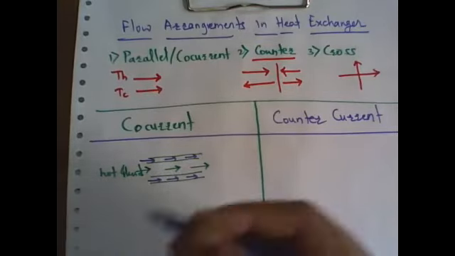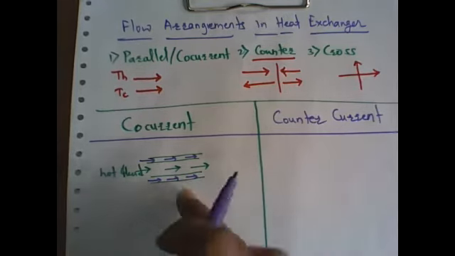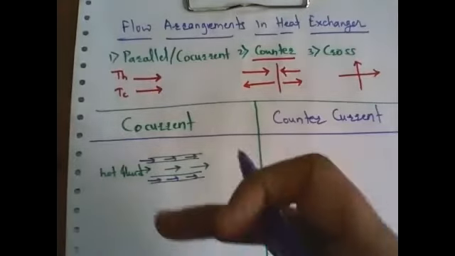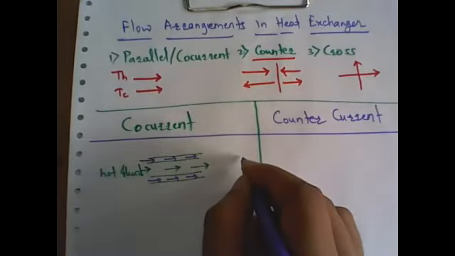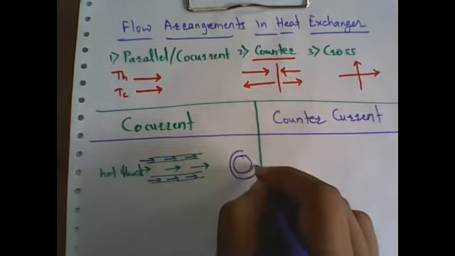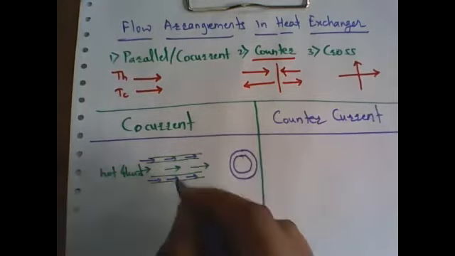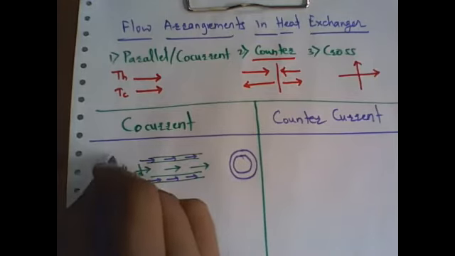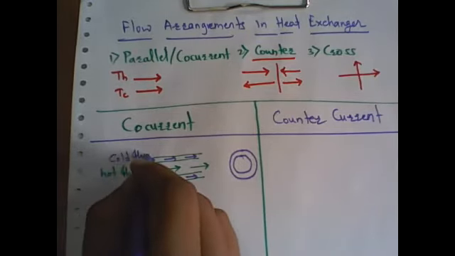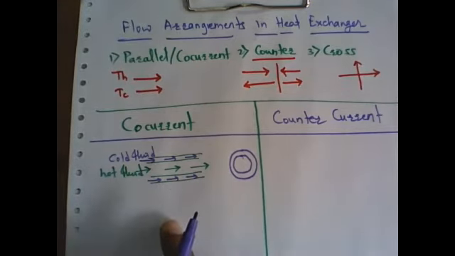Please consider that it is a cylindrical shape, and in two dimensions we can't draw it as a cylinder. If you want to imagine the exact cylinder, then you can draw the side view. So this is inside and this is outside. On the outside, the cold fluid is also flowing in the same direction as the hot fluid. If both fluids are in the same direction, then it is called co-current.